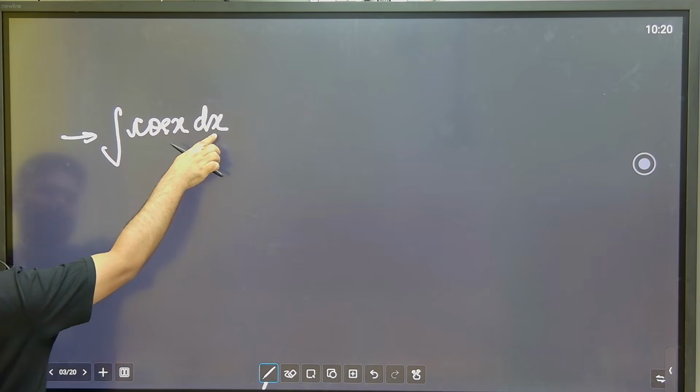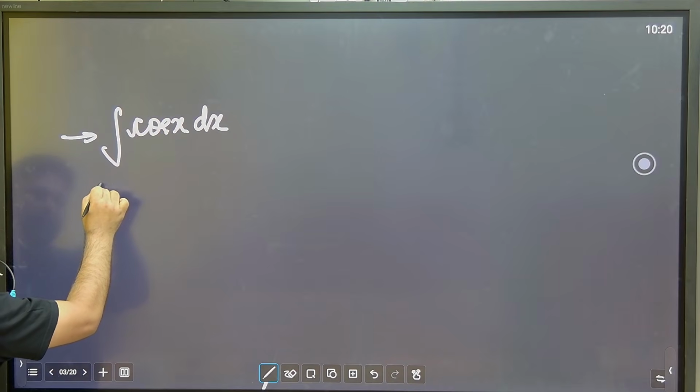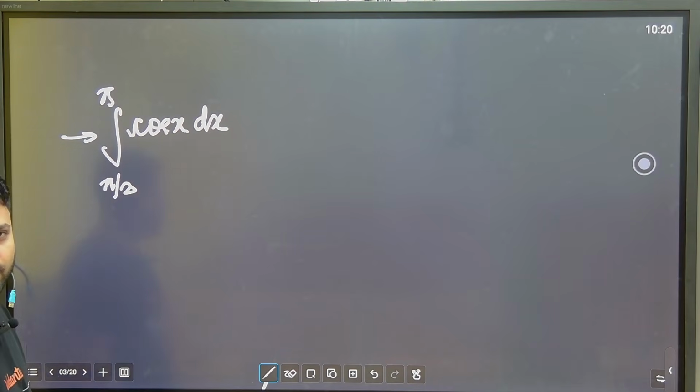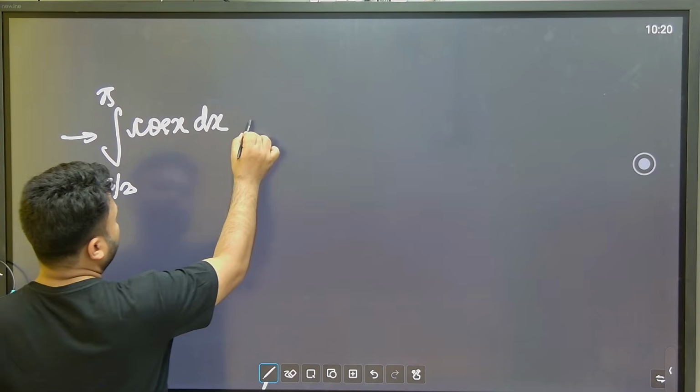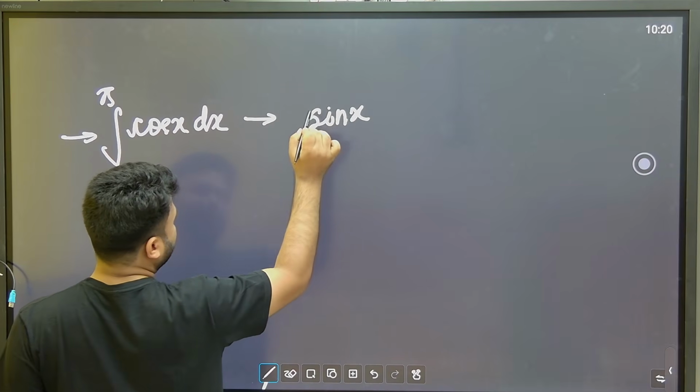Here if we have x, here will be dx. From pi by 2 to pi. Don't get worried by looking at this. What do you know about integration of cos x? Integration of cos x is what? Sin x. This is our answer.